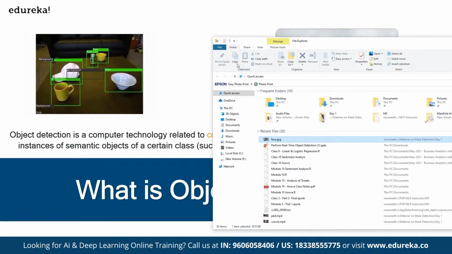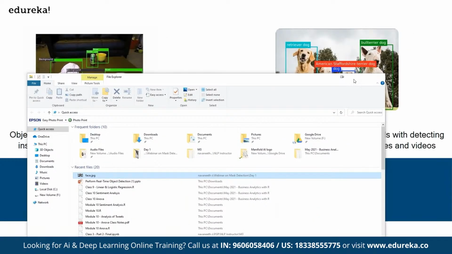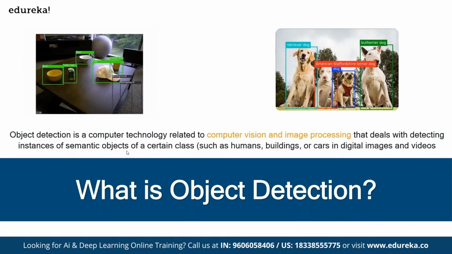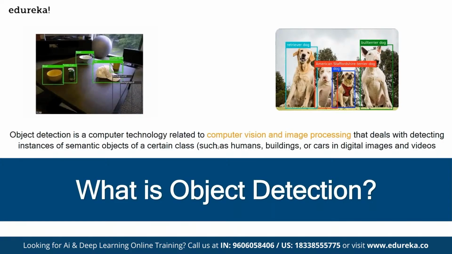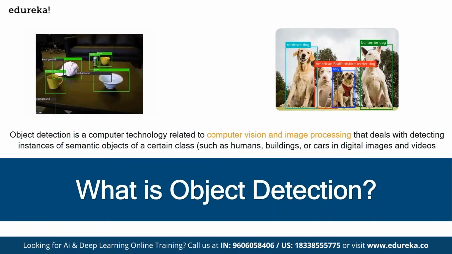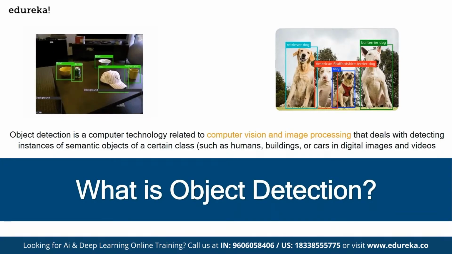Now with this intuition, if you look at the technical terms present in the slides, you can understand that object detection is a computer technology which is related to computer vision. Now, don't get intimidated by the new term called computer vision, guys. Computer vision is actually an ability that we give to the computer to be able to see the outside world.